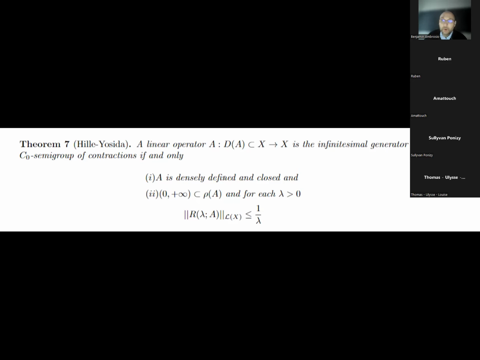And next week we are going to prove why, if those two conditions are true, then A generates a C0 semigroup of contractions. So we are going to give the proof of the Hill-Yoshida theorem, and today the necessary part.